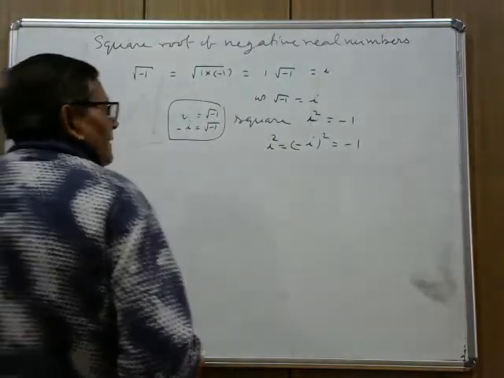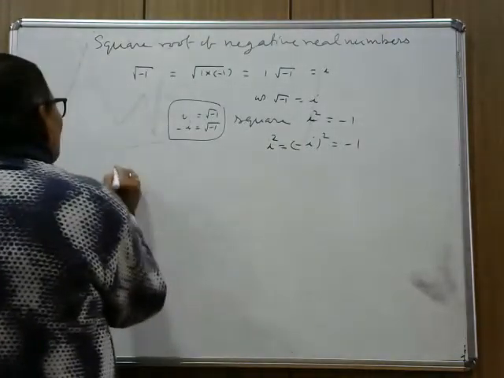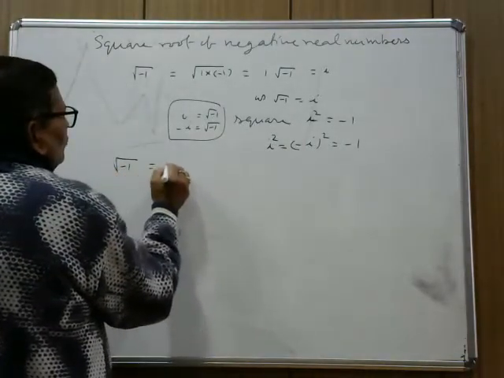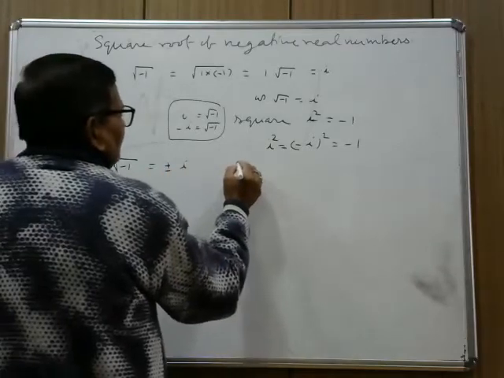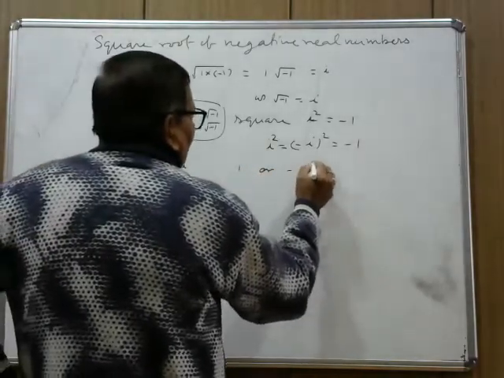In this way you can say that the square root of minus 1 is plus minus i, that is i or minus i.